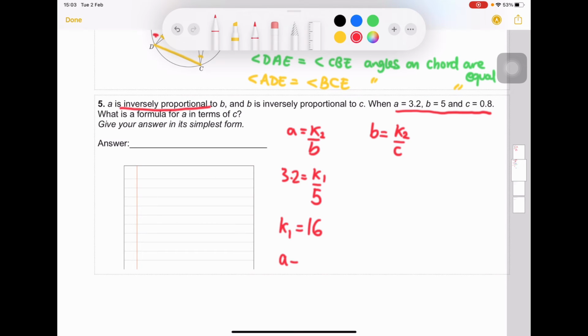So we can say A equals 16 over B. Here we have 5 equals K2 over 0.8. 5 multiplied by 0.8 is 4. 4 equals K2. And so B equals 4 over C.